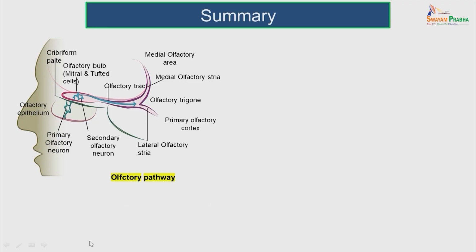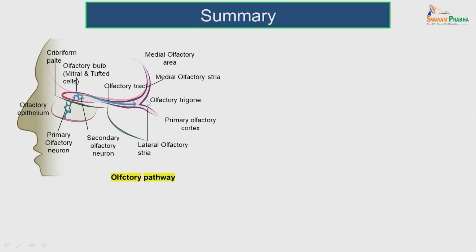And the olfactory system. Here we can see the superior part of the olfactory. We have the olfactory epithelium, that is the primary olfactory neurons, they pierce the cribriform plate and synapse at the olfactory bulb. Then the processes form the olfactory tract that divides into lateral and medial at the anterior perforated substance.